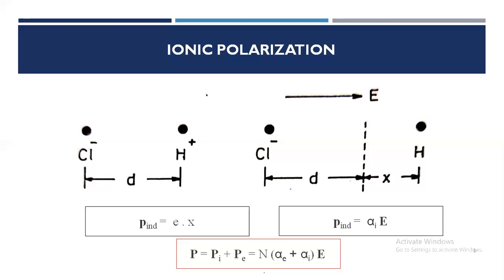Even in the absence of an applied field, the HCl hydrogen chloride molecule has a permanent dipole moment, and that permanent dipole moment can be written as E into D. E is nothing but the charge of the electron, and D is the distance of separation of the ions.